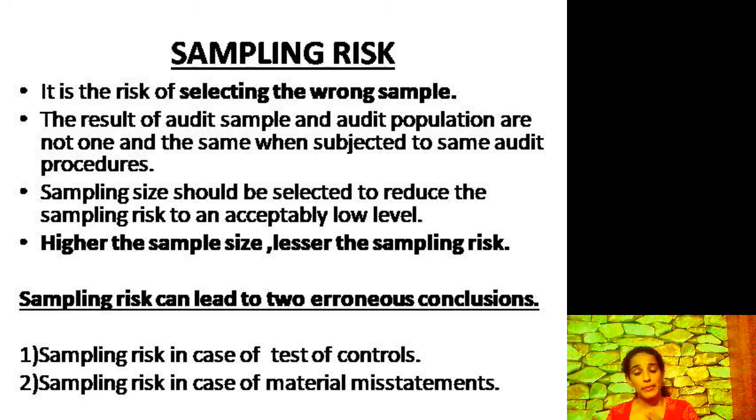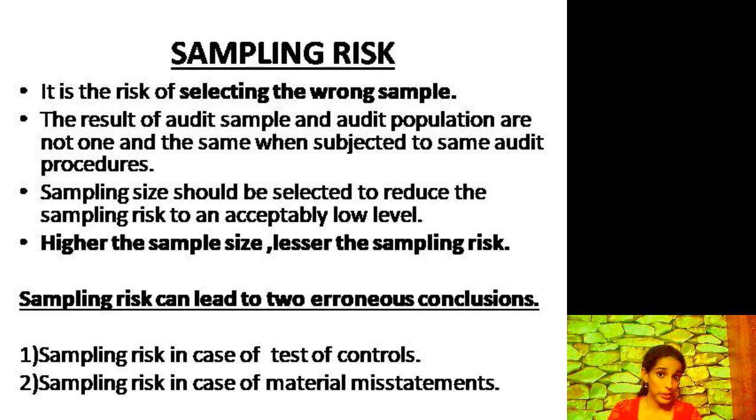Now, first coming to the topic, what is sampling risk? As we already saw, audit risk is the risk of giving an inappropriate opinion by the auditor. Here also there is a risk involved. This risk is mostly associated with the sample selection. Say, for example, the auditor is selecting a sample based on his knowledge, prior experience and also based on his judgment.